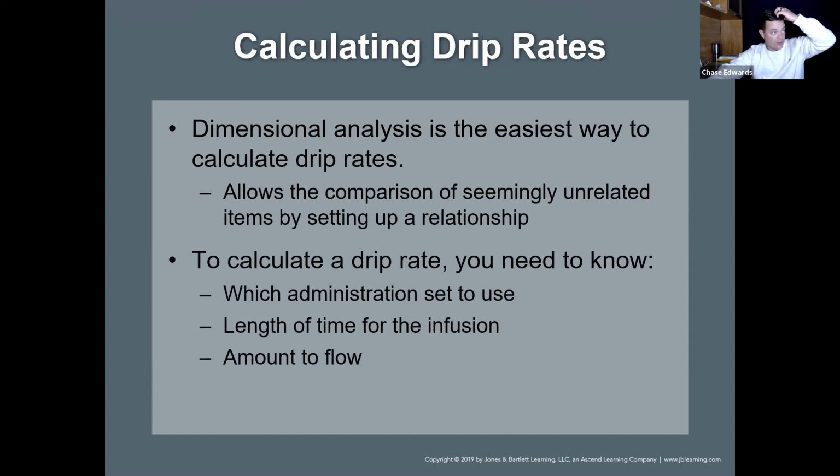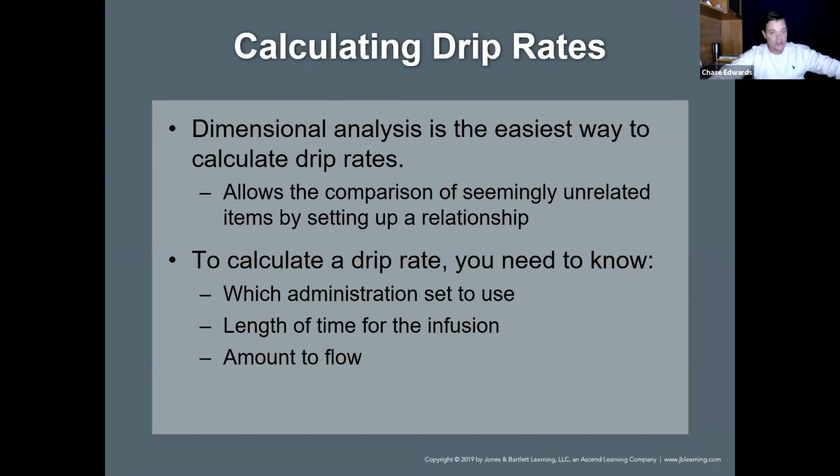So calculating drip rates. When you administer IV fluid, you'll need to calculate the drip rates, right? One of the easiest ways to calculate this is to use dimensional analysis. Dimensional analysis allows you to compare seemingly unrelated items by setting up a relationship and using ratios as conversion factors.